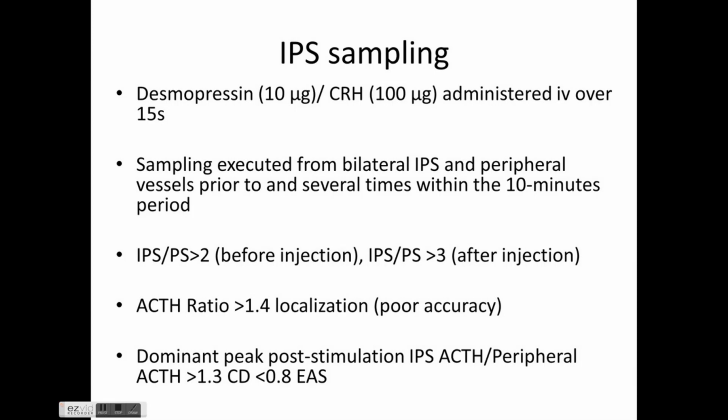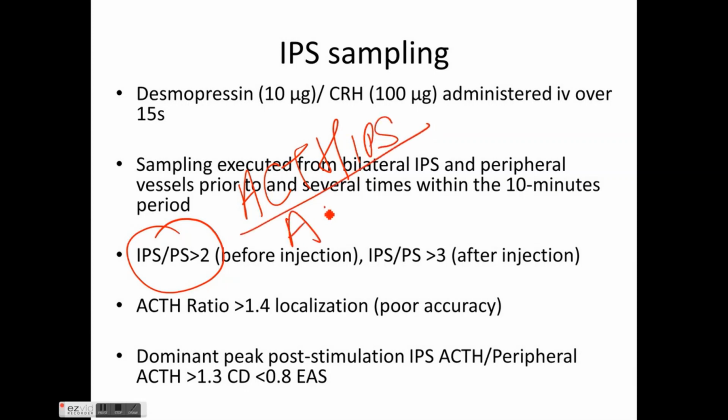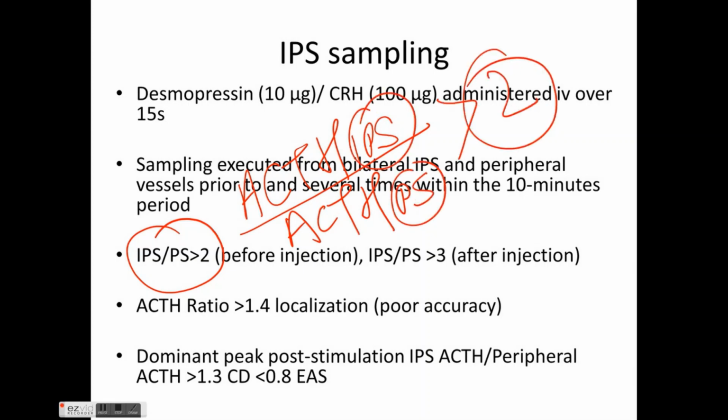If the ratio of the ACTH value of the inferior petrosal sinus to the ACTH value of the peripheral blood is more than 2 before injection, it is suggestive of Cushing's disease. If it is more than 3 after injection of desmopressin or CRH, it is again suggestive of Cushing's disease.